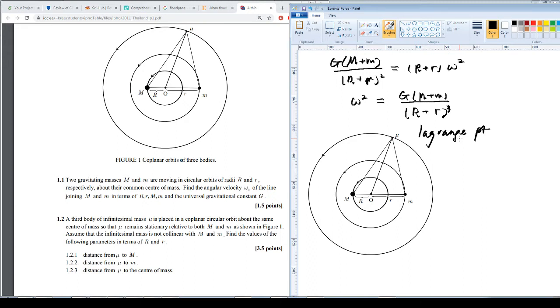Now, some of the Lagrange points are stable, some are unstable. So in this question, we're trying to work on that aspect of the setup.